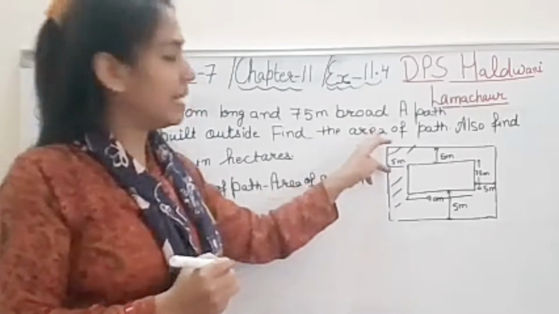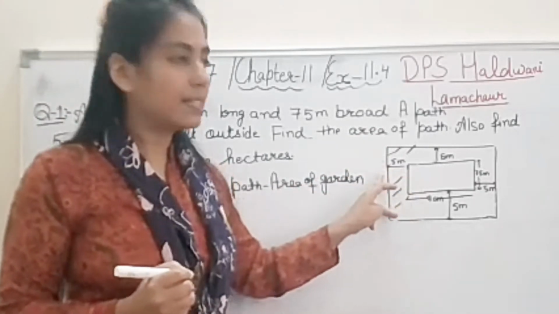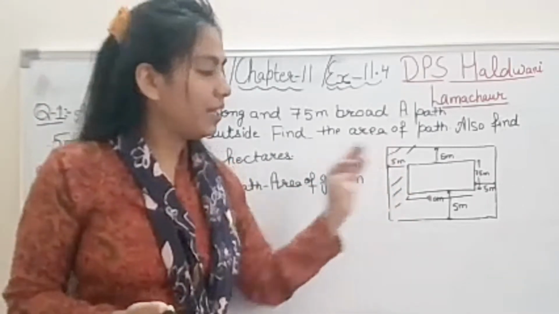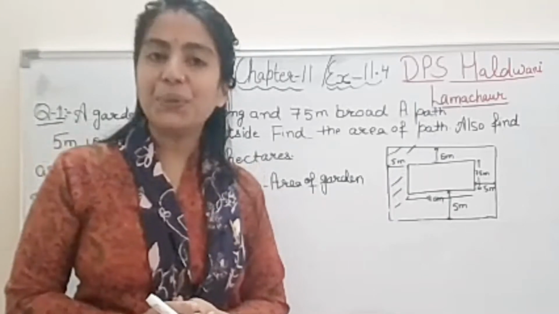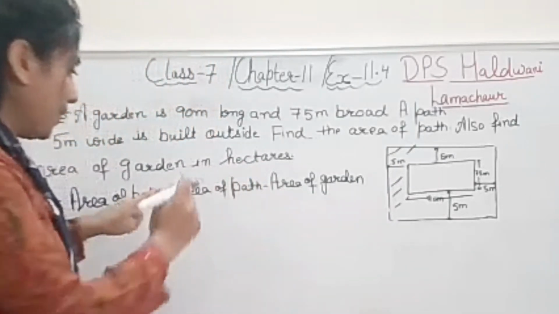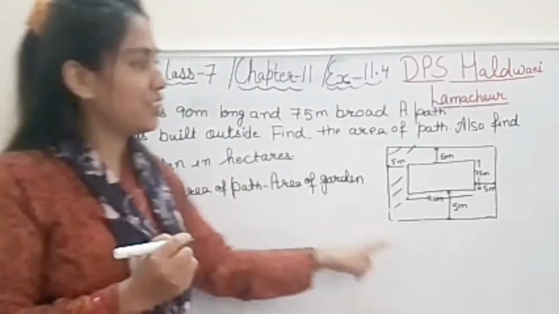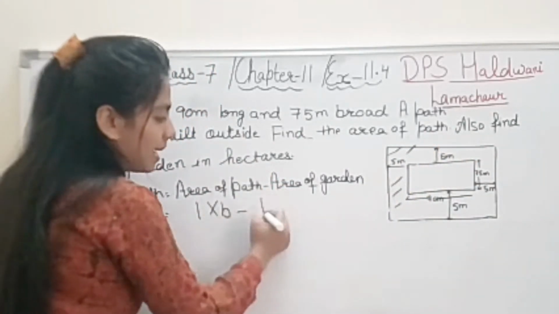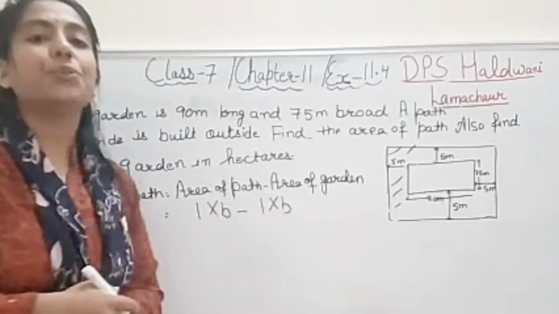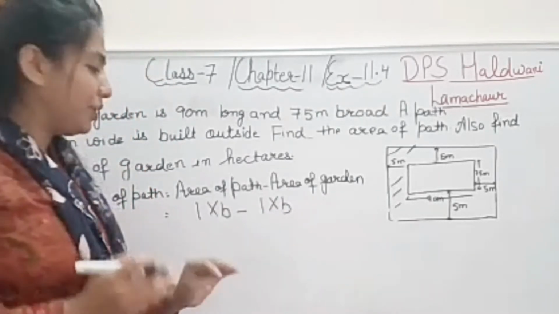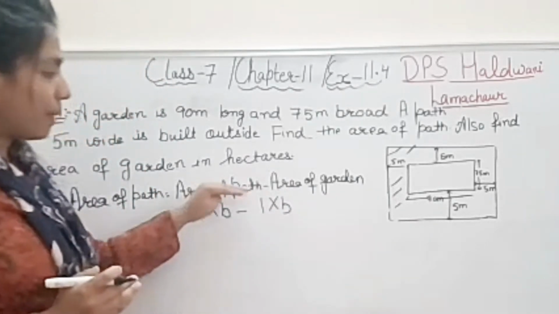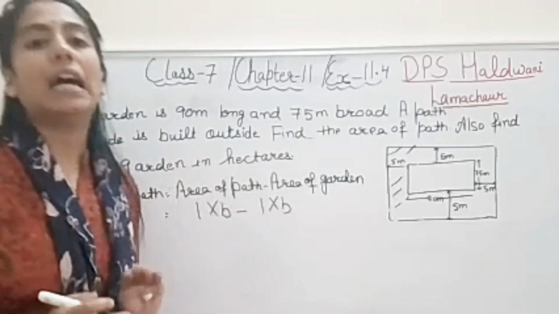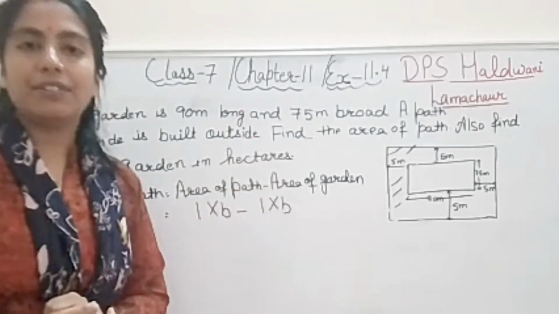Obviously, you will subtract the garden from the outer rectangle, then you will get the area of path. In the same manner we are doing the equation. So area of path, you know it is in the shape of a rectangle, so area is length into breadth minus garden, which is also length into breadth. Now coming to the part, what is the length for the path and what is the length for the garden, or breadth and length, whatever.